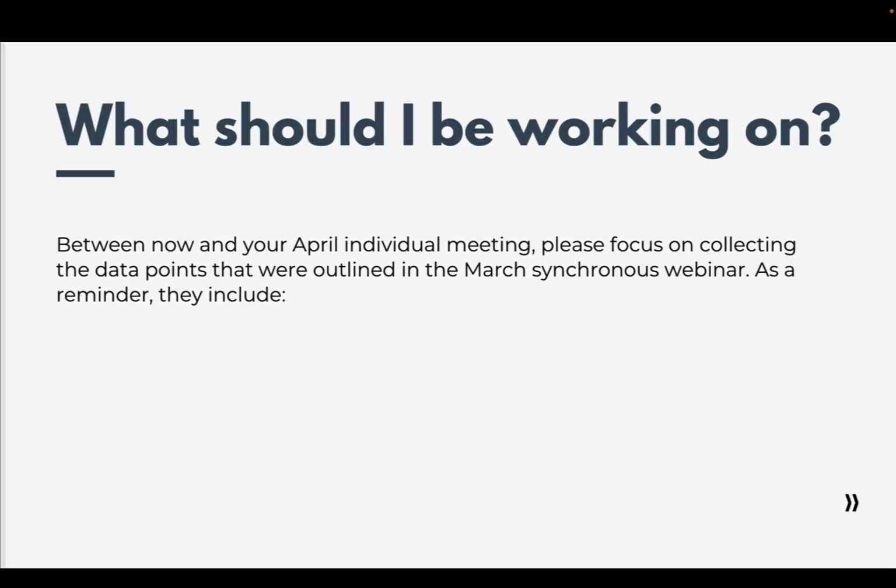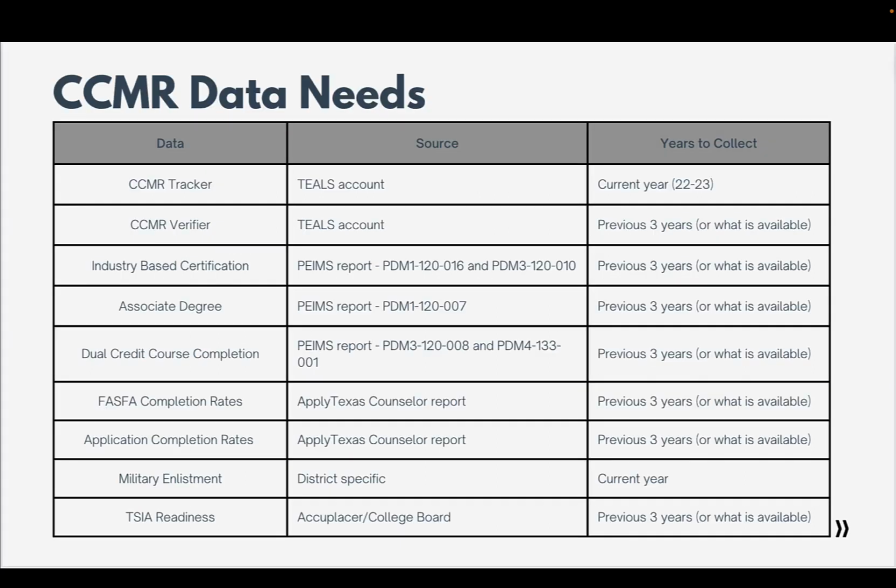In terms of what you should be working on now, between now and your April individual meeting, please focus on collecting the data points that were outlined in the March Synchronous webinar. As a reminder, these include the CCMR Tracker, CCMR Verifier, Industry-Based Certification, Associate Degree, Dual Credit Course Completion, FAFSA completion rates, College application completion rates, military enlistment data, and TSIA readiness.